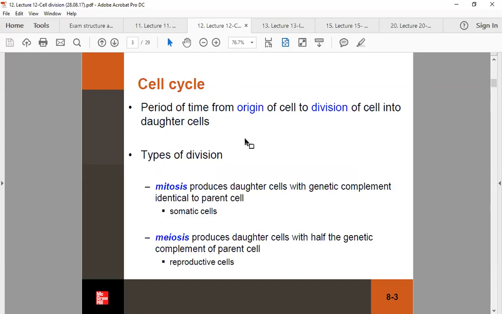So when a cell divides by mitosis, that's right, that cell divides to produce 2 cells, but when a cell divides by meiosis, it will actually produce 4 cells.